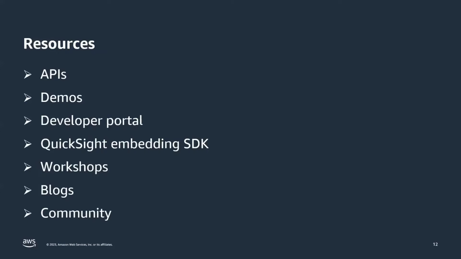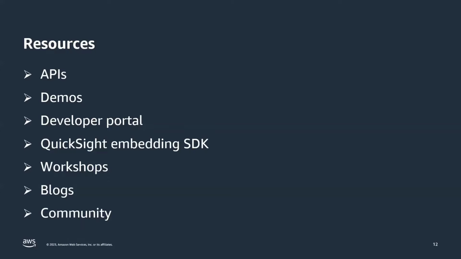We have a few blogs where you can find that, but then developers need more information on how they can integrate, how they can get all the APIs being invoked from your application to QuickSight and then embed in a secure and scalable fashion. We have different resources here, like we'll just walk through some of the APIs, demos, developer portal, and then we have a specific QuickSight embedding SDK for customizations. And then we have workshops for your learning, blogs, and finally community.